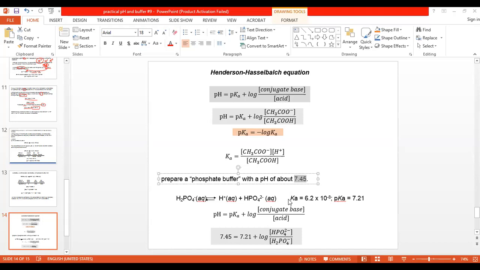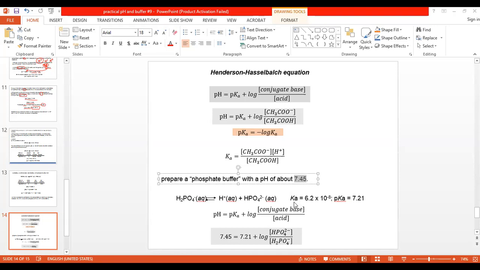So let's say that we need to prepare a buffer solution with pH 7.45. And we also know that the solution we need to prepare is from monobasic and dibasic phosphate. Actually, this is what we'll prepare also in the lab.